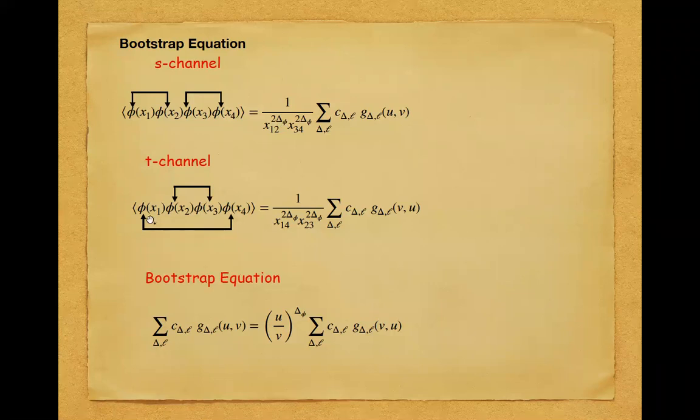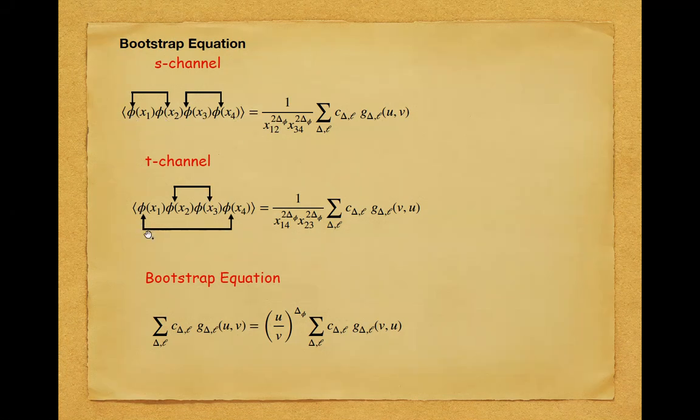But you could have taken the OPE of any operators. You could have brought x1 and x4 close together and x2 and x3 close together, and then taken the OPE of phi at x1 and phi at x4 and the OPE of phi at x2 and phi at x3. No one has told you that you just have to take the OPE of phi at x1 and phi at x2 and the other two.